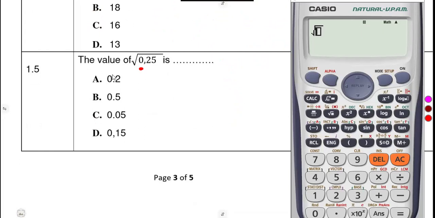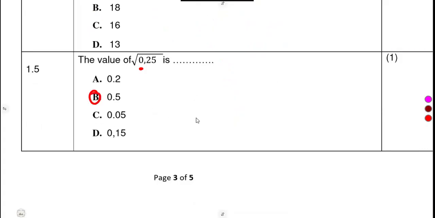So the square root of 0.25 is equal to what? 1 over 2. You can change it to a decimal. Press this S-D. It's going to be 0.5. So this is this one. Or how do we find this? Remember, there are so many ways to find the square root of 0.25.